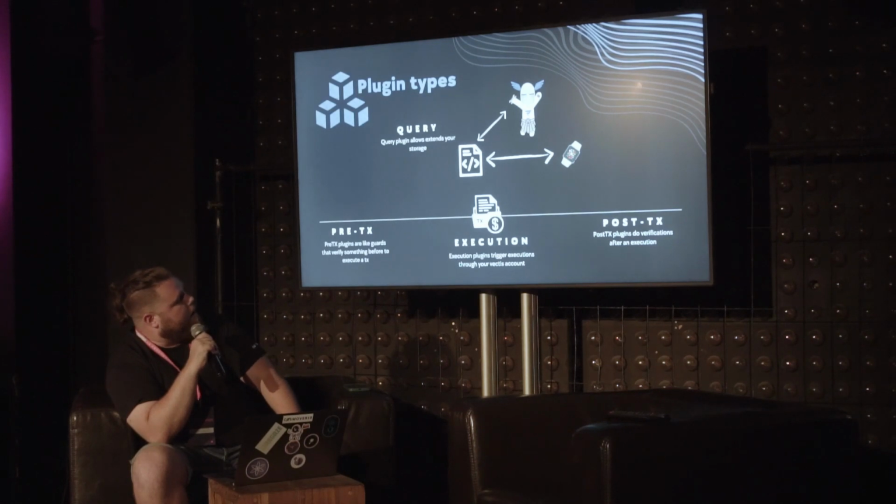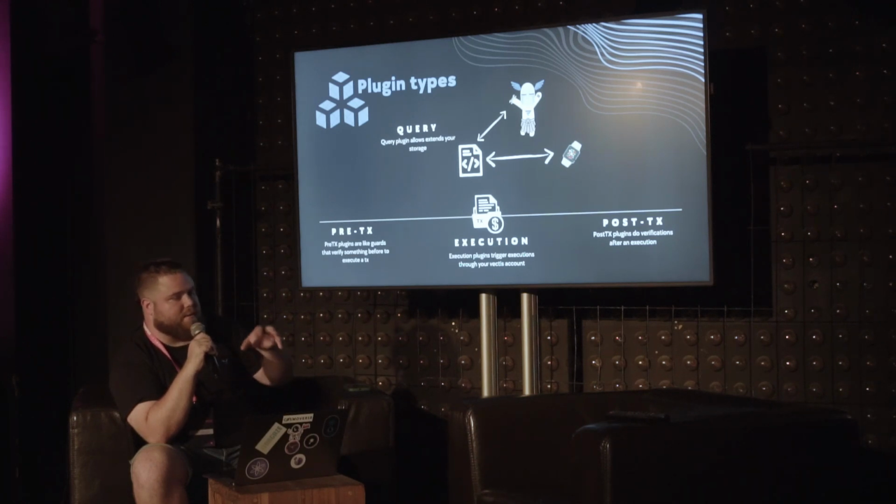We also have query plugins. Query plugins are a kind of plugin that allows you to extend the storage in your Vectis account. So in the example of the BBS identity plugin, we store a public key in the plugin. We don't store that in the smart contract wallet. We have an additional contract, the plugin, that stores that information.